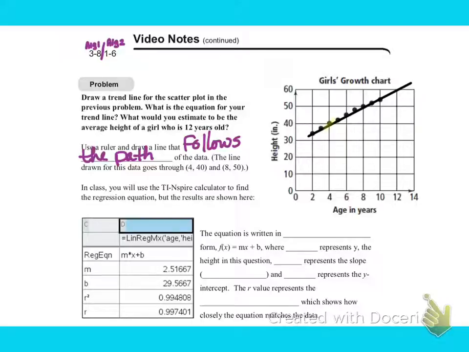In class, we're going to use the TI-inspired calculator to find the regression equation, but I do have some results for you right here in the table.